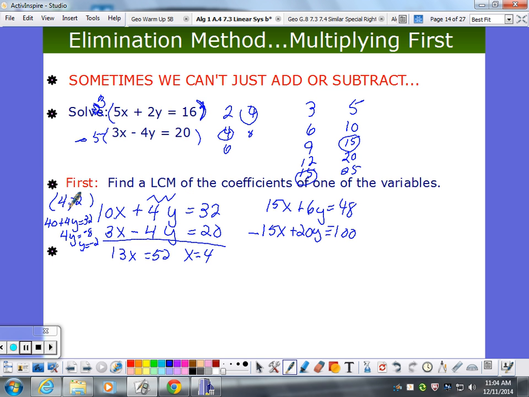Question? What if you multiply by 2? I'm doing this actually 2 different ways. You don't have to do both these things. So the first one looks easier to me. I only had to change one equation, and that gave me my opposite, so I stopped. How did I know to do 2? Because I looked at 4 and I looked at 2 and I said the least common multiple is 4.